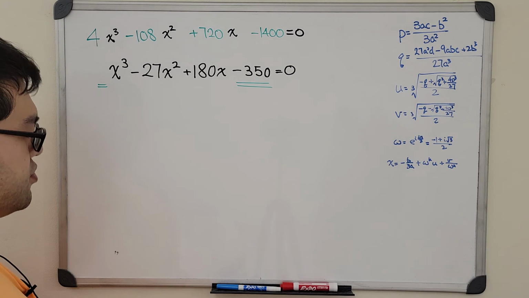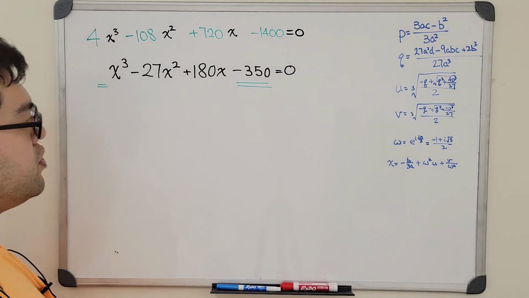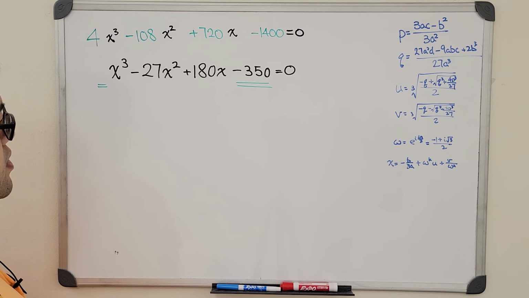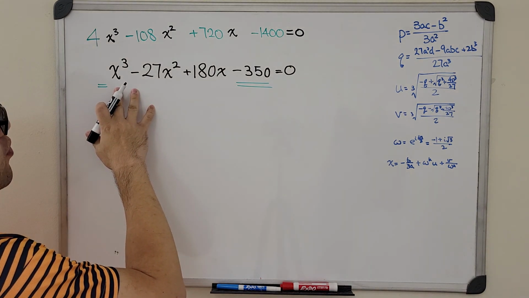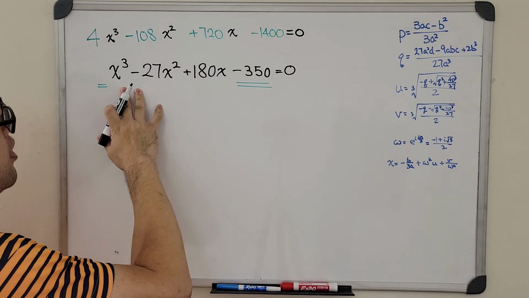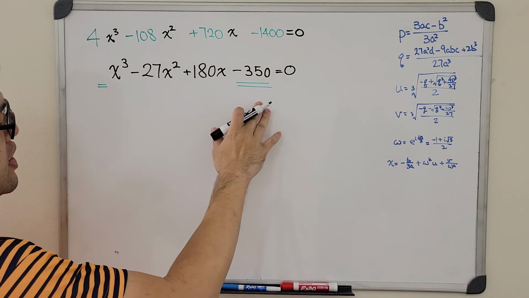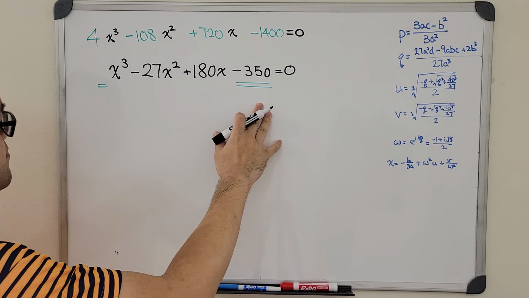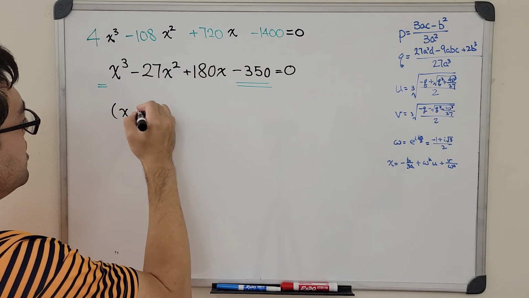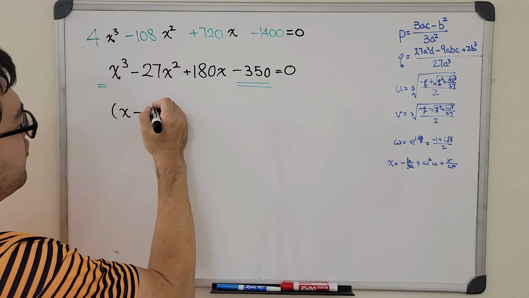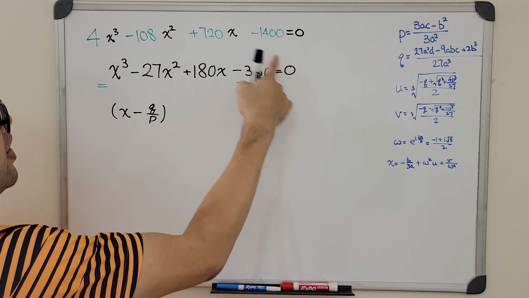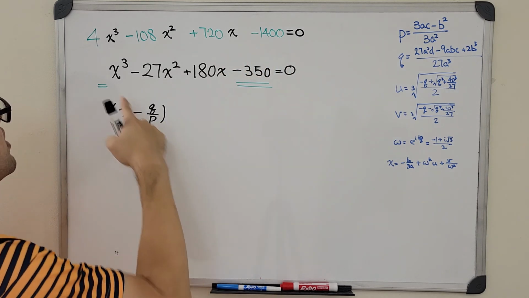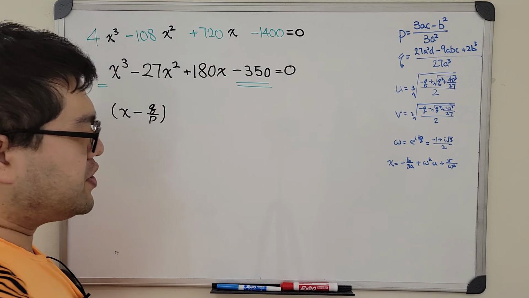We're going to use what we call the rational factor theorem, which says that if there exists a rational solution for x in the expression, that solution must be in the form of q over p, where q is some factor of the constant term and p is some factor of the leading coefficient.